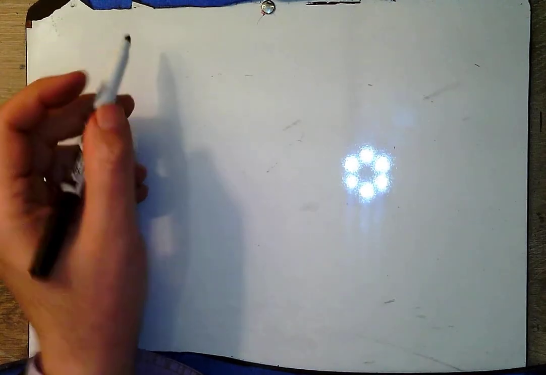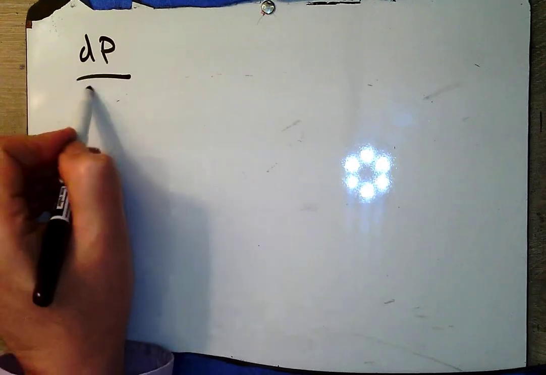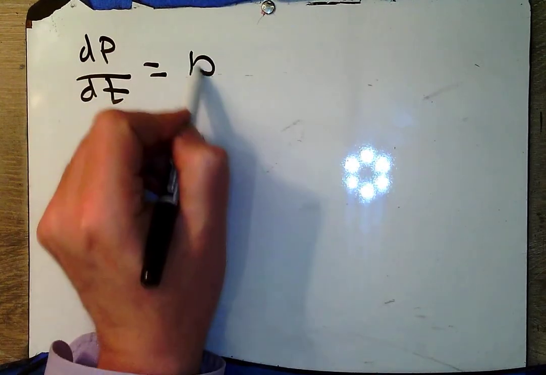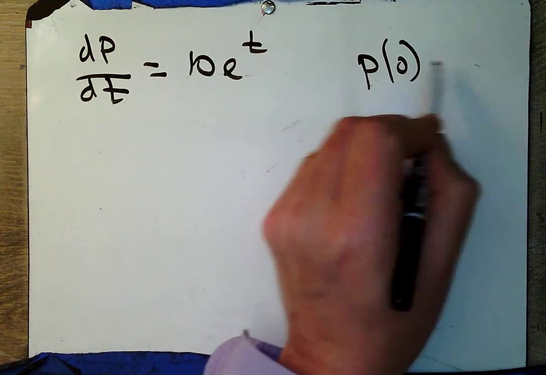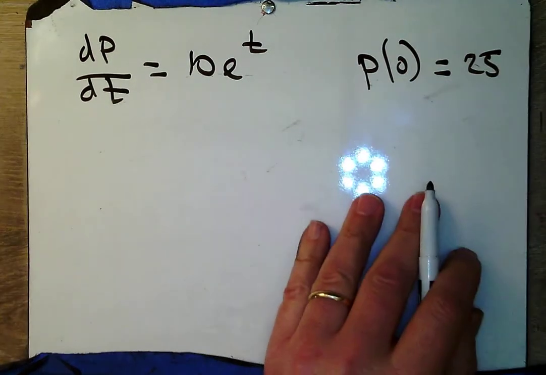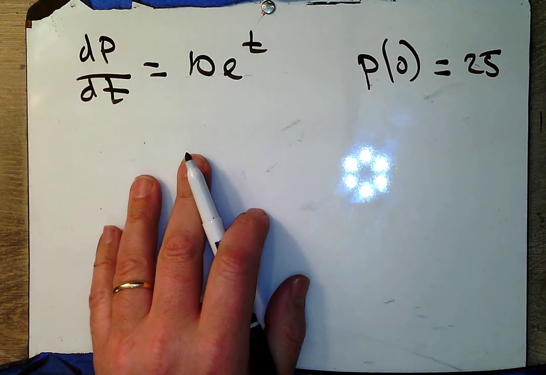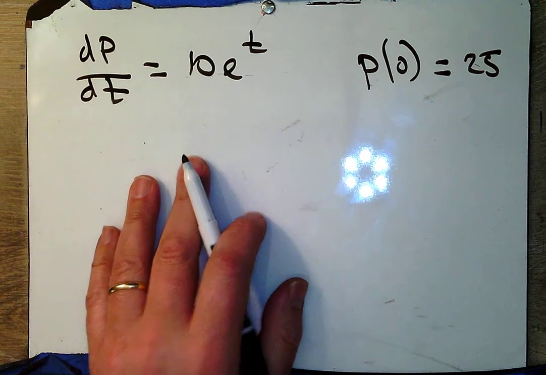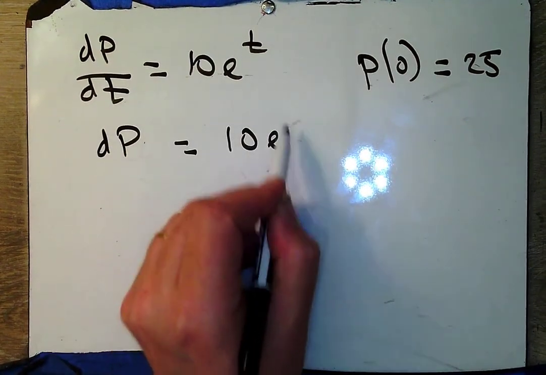Okay, how about this one? How about dp dt equals 10e to the t? And p of 0 is 25. Please solve that differential equation. Hey, welcome back. Did you separate the variables? Got to see the separation of variables.